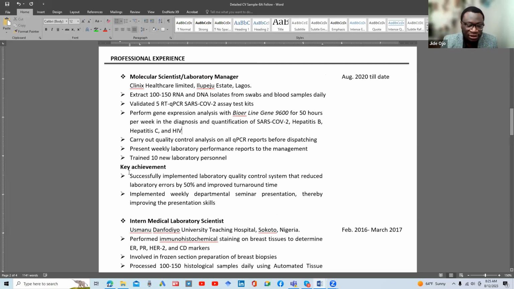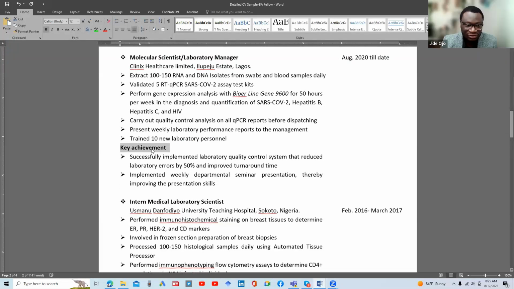And he did something here where, during his paid job, he put a section where he said key achievements. So this is what he considered his key achievements. If you have something like that during your paid job, not your studies now, that relates to grad school, that's key, that relates to some of the things you might have to do in grad school, you can do something like that.